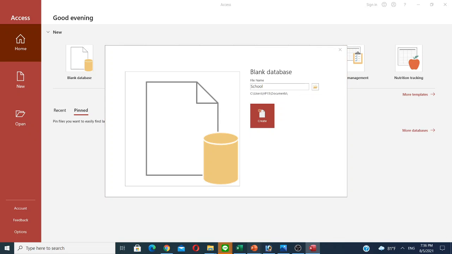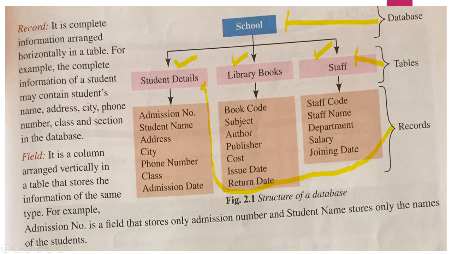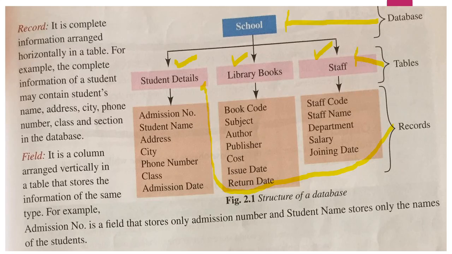So as you can see from the example, we have the database, we have the database name school, and student details, a table, student details, library books, and so on.